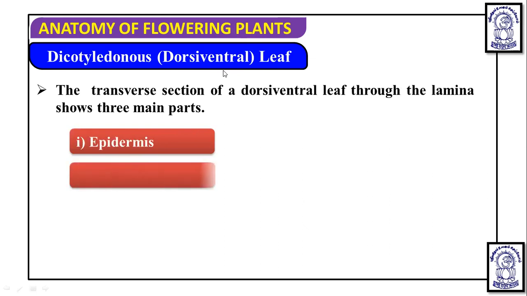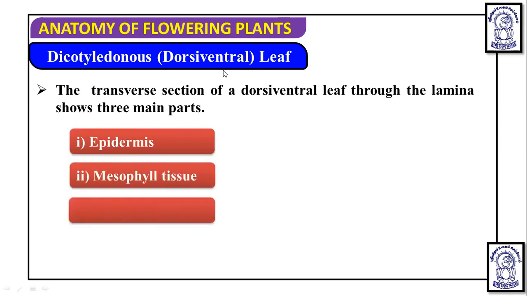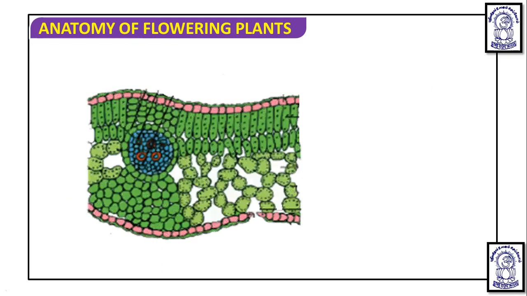That is mainly the epidermis, then the mesophyll cells, and you will see the presence of vascular bundles. These three are the main parts seen in this region. The transverse section of a dicot leaf looks like this.